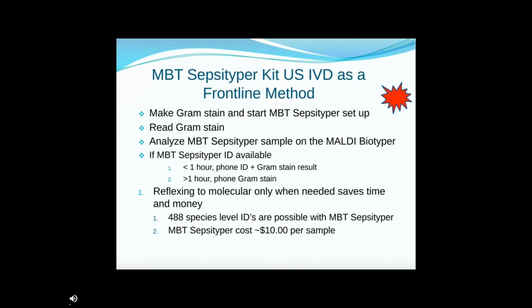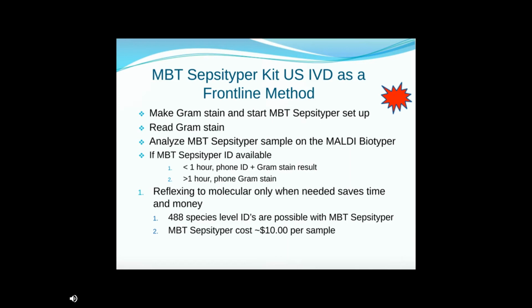We will hopefully get the identification from the Sepsityper. And if we can get all this done within an hour, then we can phone it and let them know what that identification is. If we know it's going to take us a little longer than an hour, if something comes up, if we have too many blood cultures, if something just gets in our way, then we will automatically call that gram stain and we will not wait for the Sepsityper.